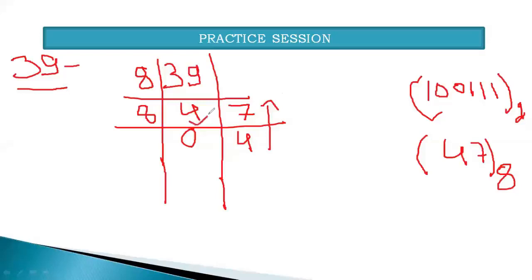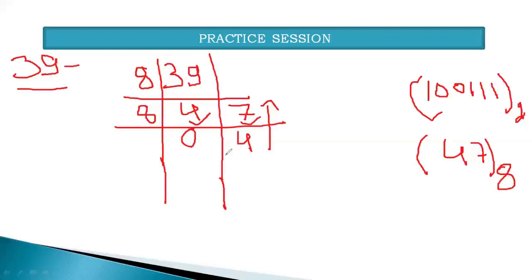The quotient is written in the middle of the entire chart, and the remainder is written at the right hand side, the same as we did for decimal to binary conversion. Now the new number is 4. 4 divided by 8 gives 0 times, and the remainder will be 4.